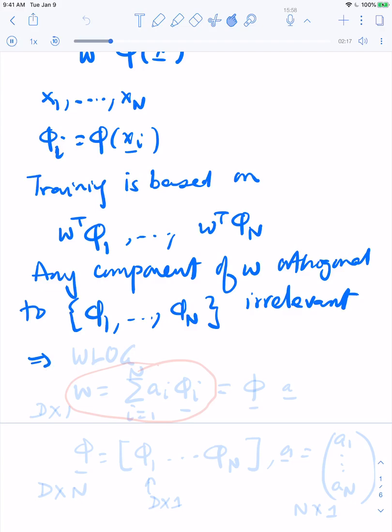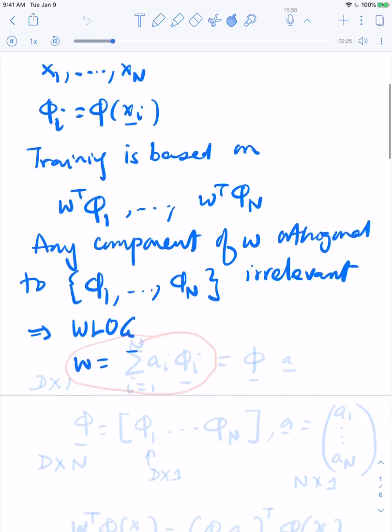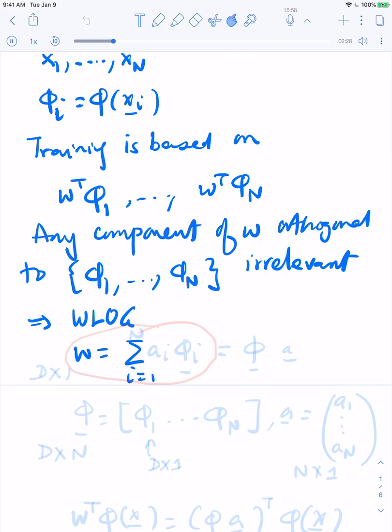Which means that we can take, without loss of generality, W to be just a linear combination of these feature vectors corresponding to the training sample. There's no loss of generality in doing that, because any component orthogonal to it, we don't even see it.